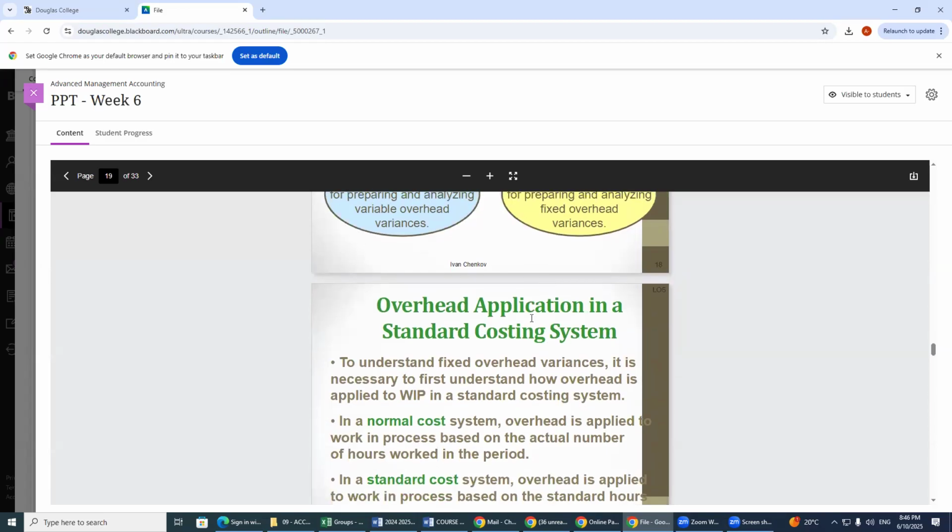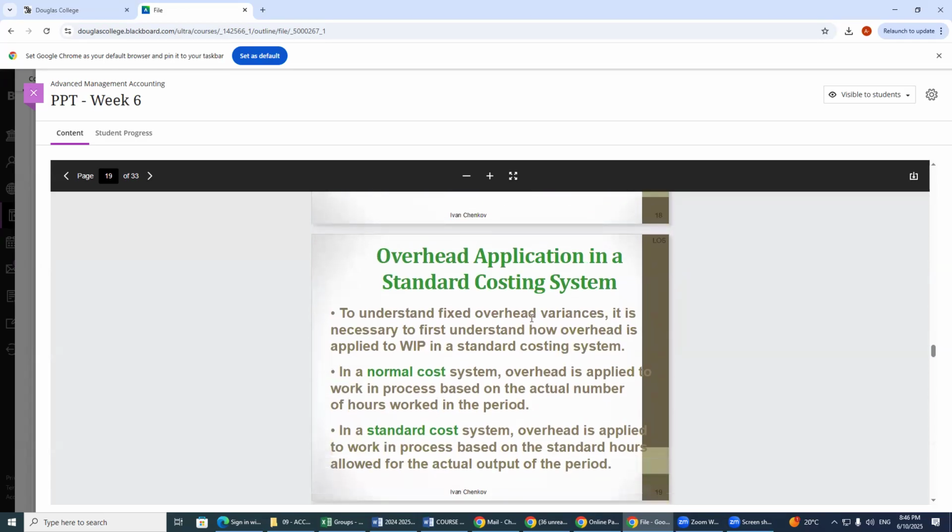But the fixed overhead will be the key for analyzing and understanding the main difference between the traditional system and activity-based costing. Before we go there, under the traditional costing system, we have two systems.